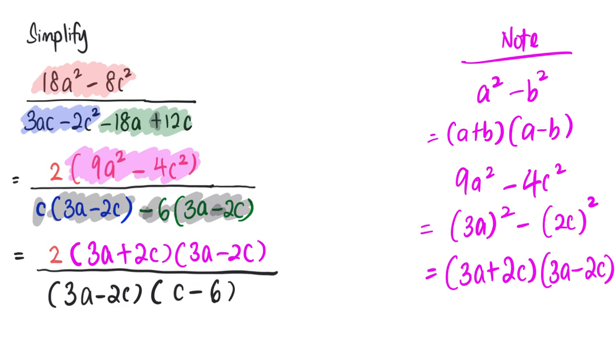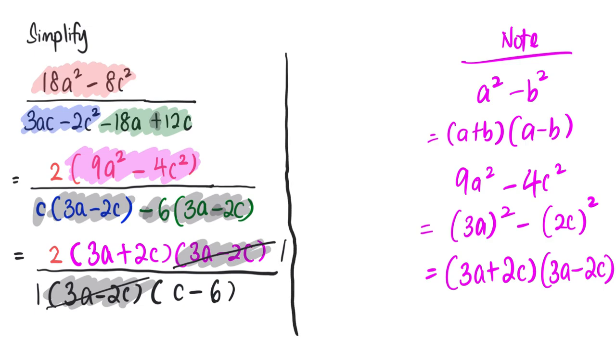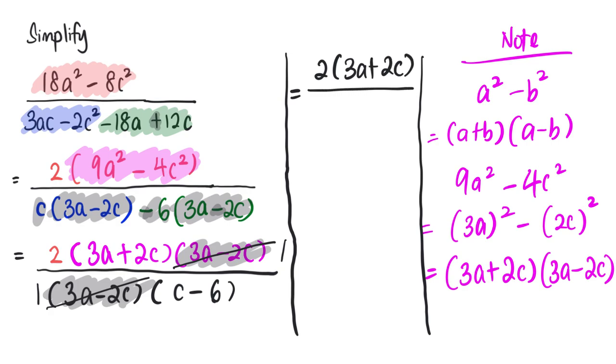And from here, all we have to do is just to identify the common factor 3a minus 2c, which we could divide off to give us the final answer, which I'm going to write out here. 2 times 3a plus 2c over c minus 6.